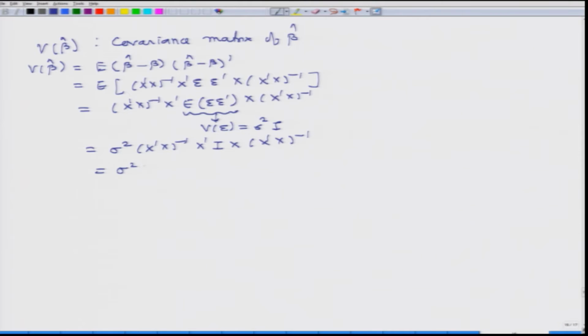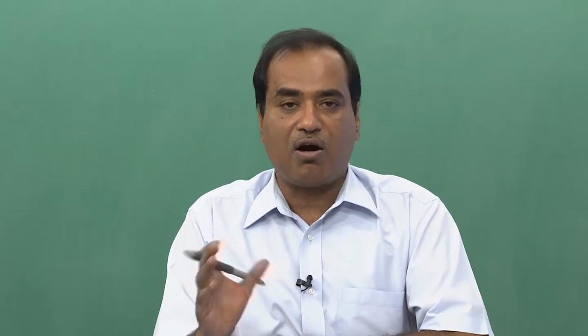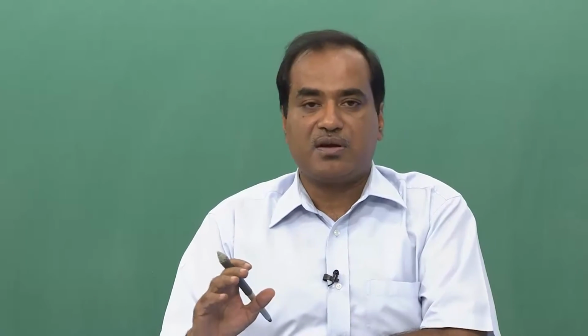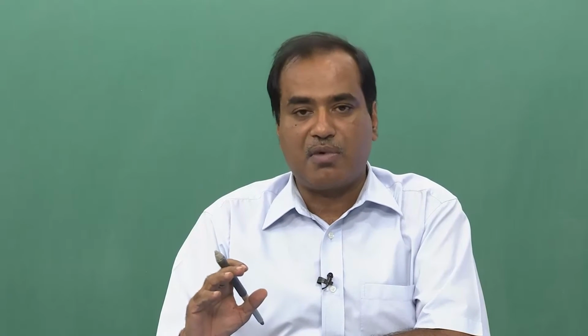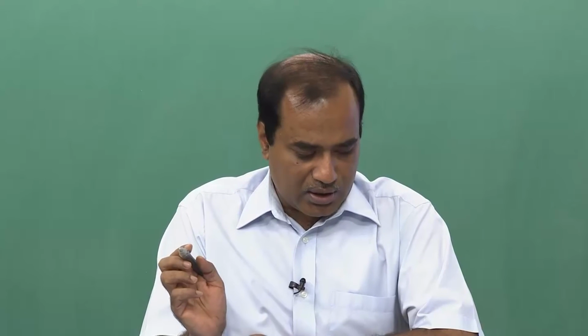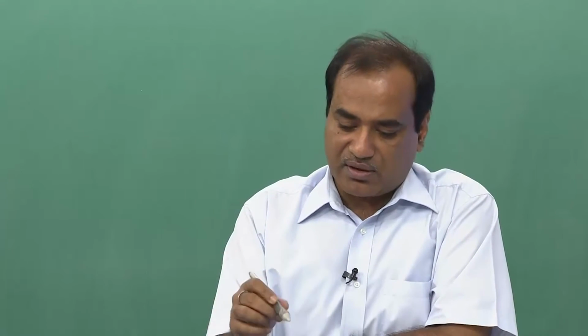This is nothing but sigma square (X transpose X) whole inverse. So, this is the covariance matrix of beta hat. The diagonal elements of this matrix indicate the variances of beta 1 hat, beta 2 hat, up to beta k hat, and the off diagonal elements indicate the covariance between beta i hat and beta j hat. Now, we have another issue here.